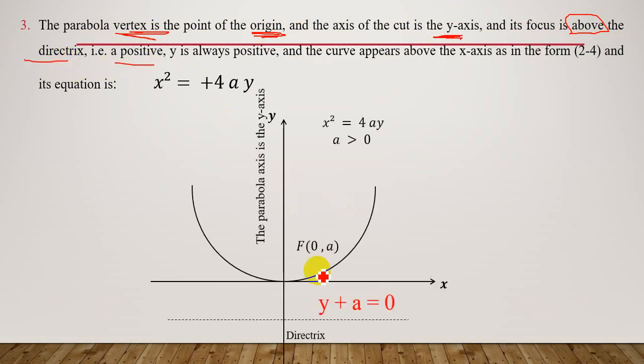Let's see. Okay, this is the focus here above, and this is the vertex still in the origin, and this is the directrix here, so it comes back to positive, but the x and y interchange each other in the position, so x square here will be equal 4ay.